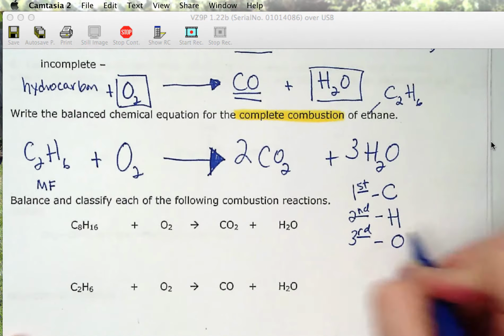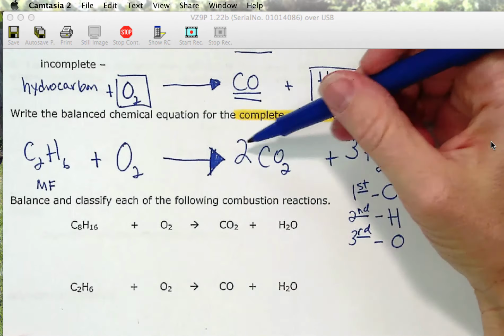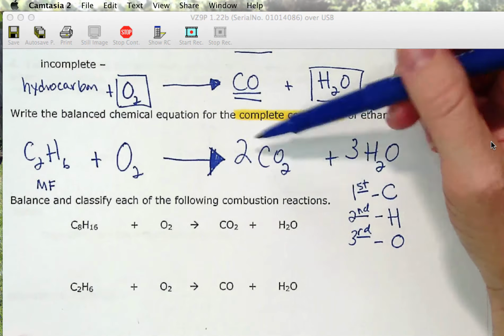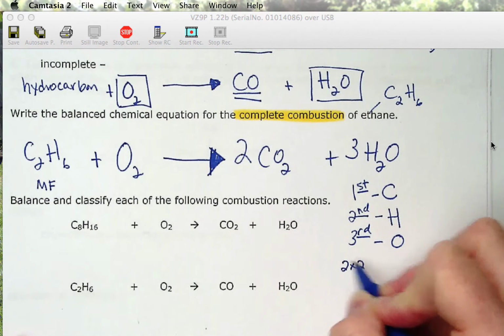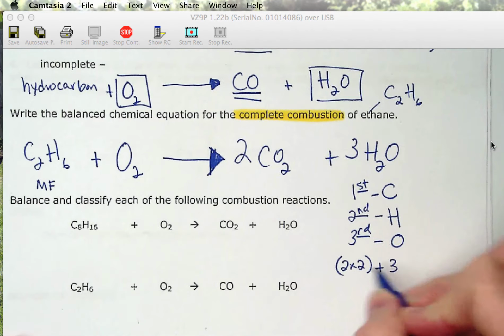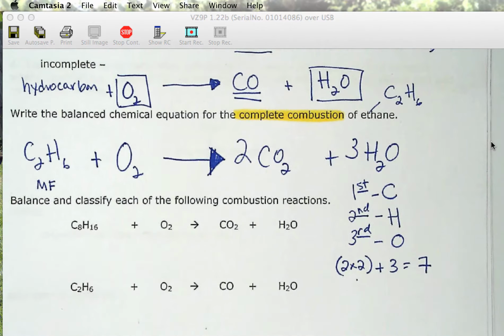Lastly, we balance the oxygens. So how would we balance the oxygens? Careful, because they're in both of your products. So it's 2 times 2 plus 3. So that's 7. Whenever you have the odd-even problem, that's when you use the fractions.